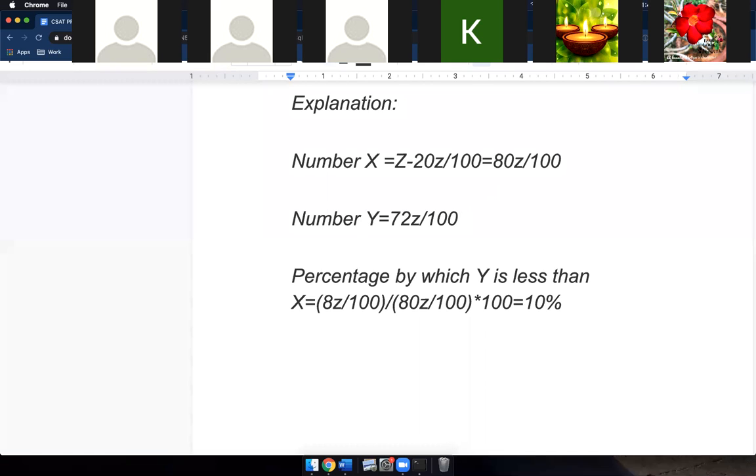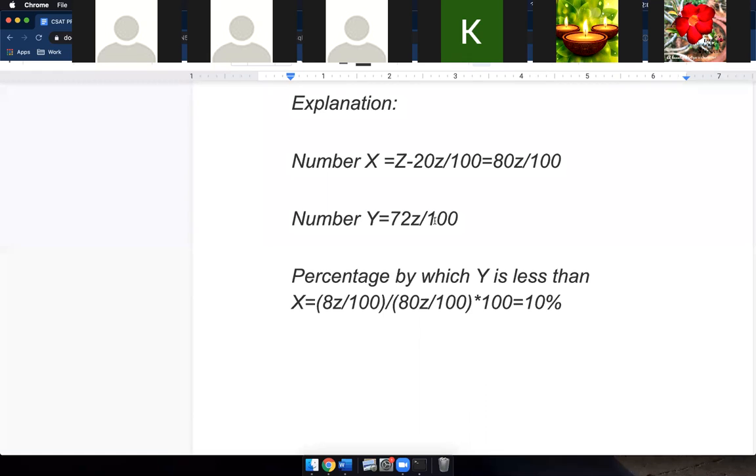The place where you will go wrong is that this is with respect to number x. He has asked us to find out what percentage with respect to x. So number x would be in the denominator. How much is it less?